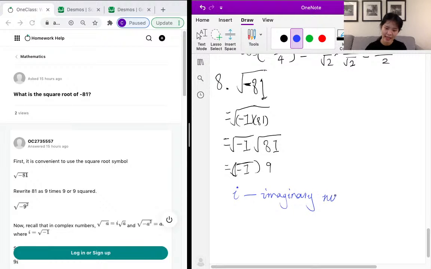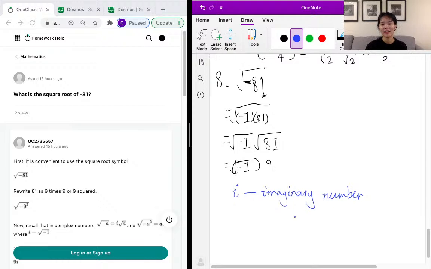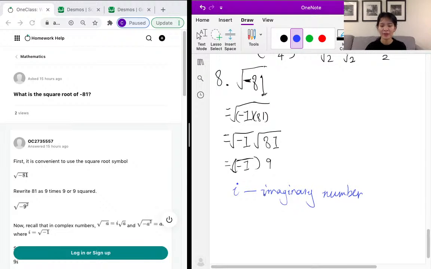So i is called the imaginary number, which, just like its name, is not real, or not on the real number line. It is actually part of the complex numbers, because the square root of negative 1 doesn't exist as a value in the system of the real numbers.